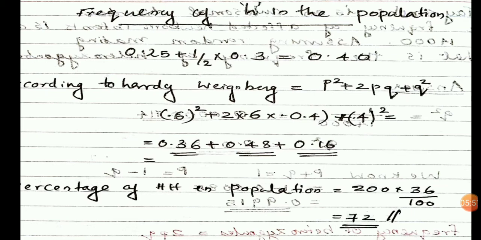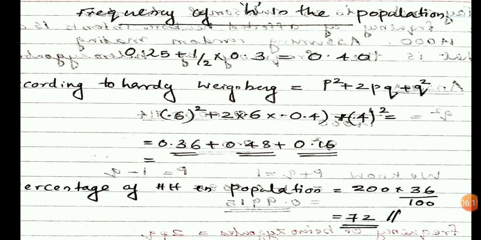So according to Hardy-Weinberg, p square plus 2pq plus q square is equal to 0.6 whole square plus 2 into 0.6 into 0.4, where 0.4 is q, that is small h, plus 0.4 whole square.